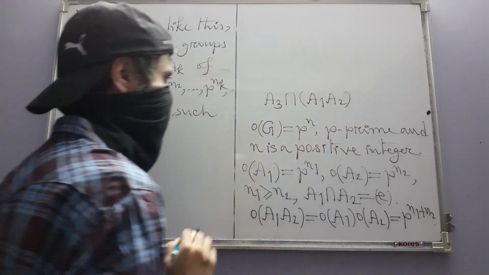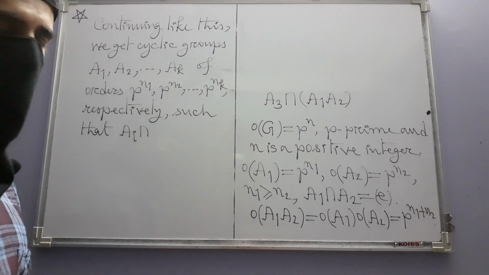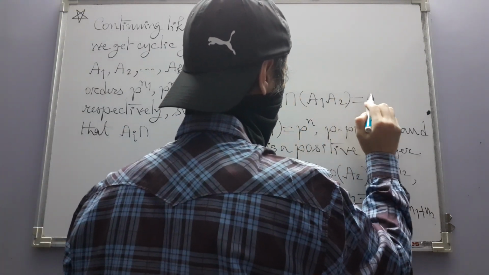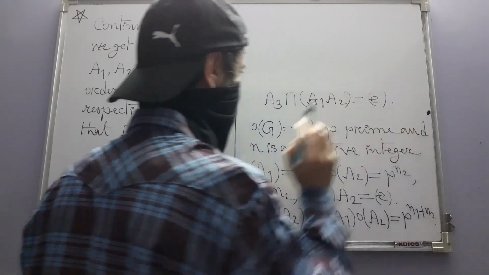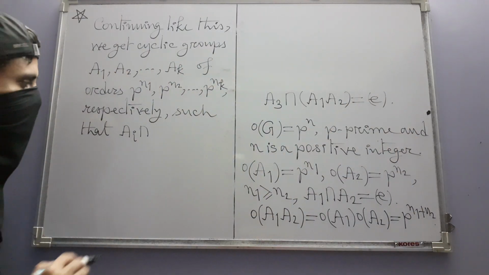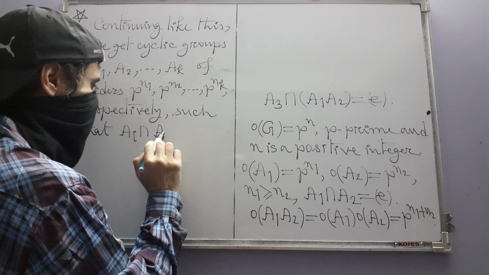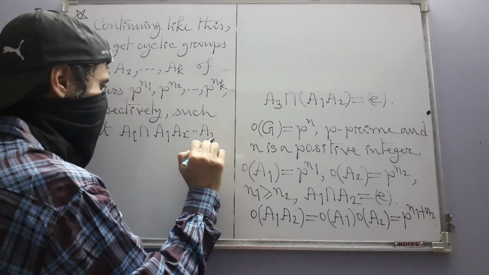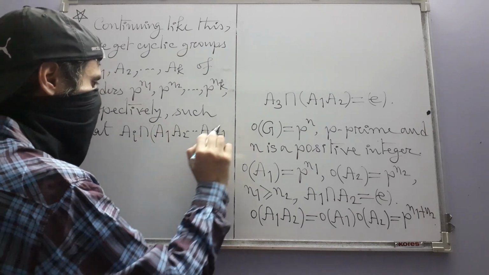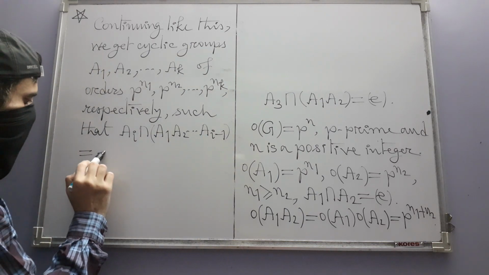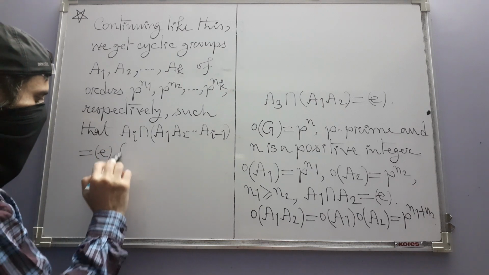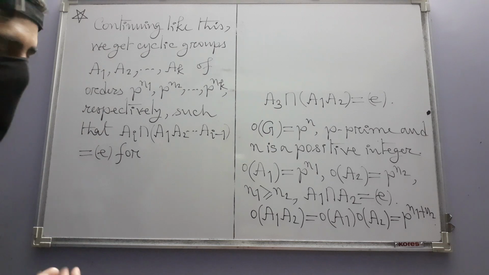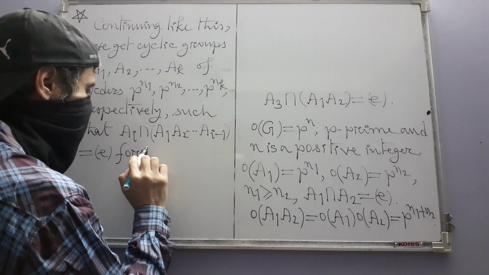Another cyclic group A3 will be found, whose intersection with the product of the two previous ones, A1 and A2, is trivial. So in general, the pattern will be like this: the intersection of Ai with the product A1 through A(i minus 1) will be trivial for, okay, so what type of i's we will have here?